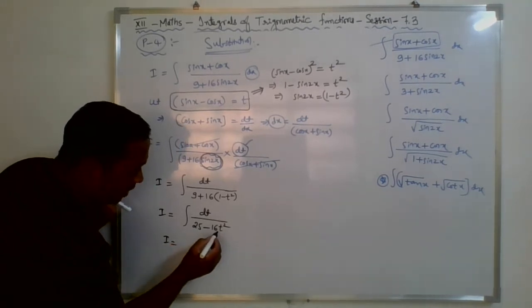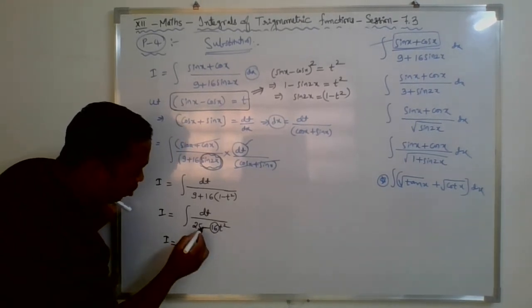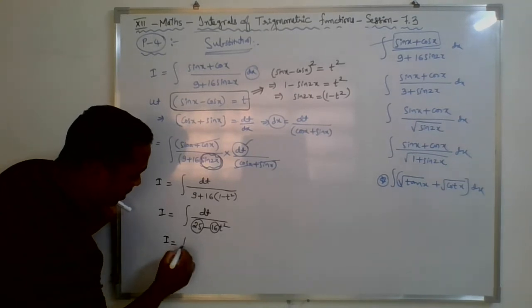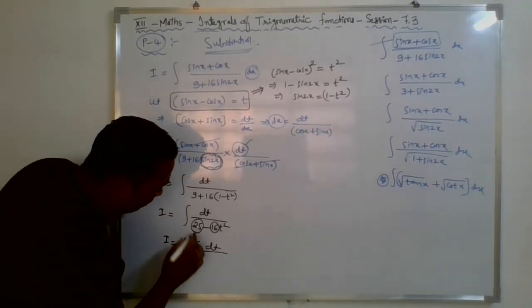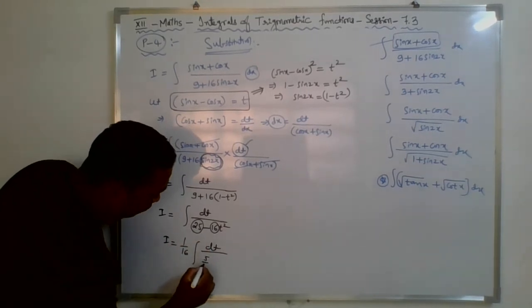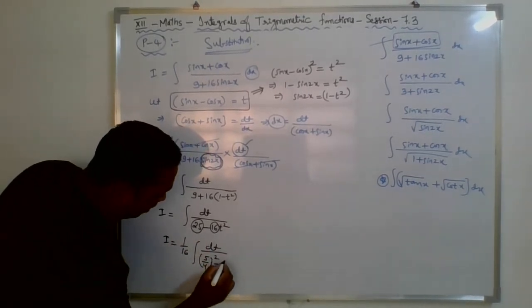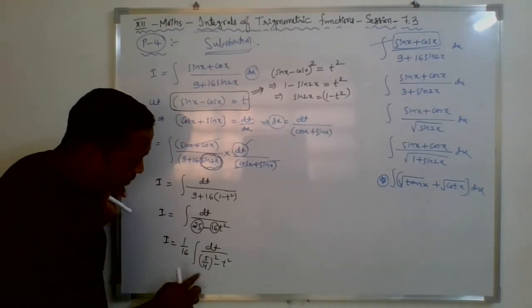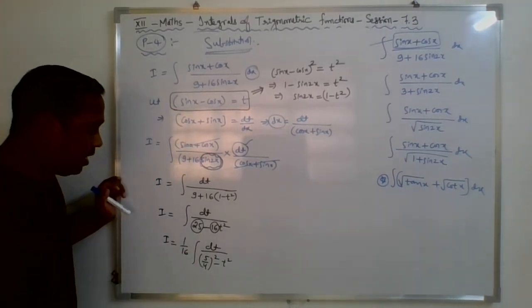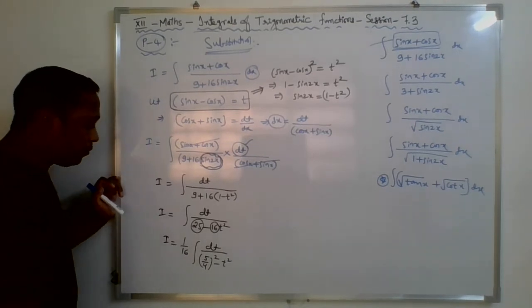So if I take 16 as a common factor, it becomes 1 by 16. It becomes 25 by 16, which can be written as 5 by 4 the whole square minus t square. It's converted into 1 upon a square minus x square, right?